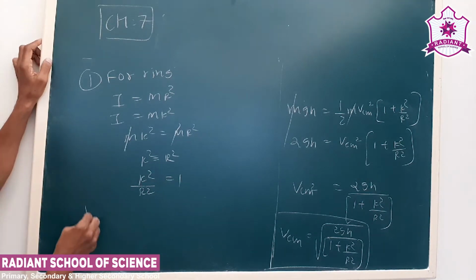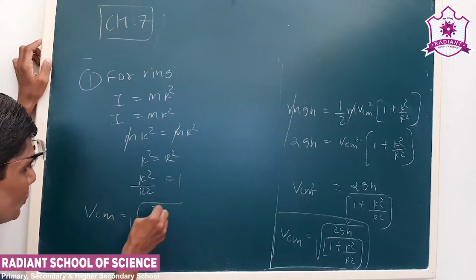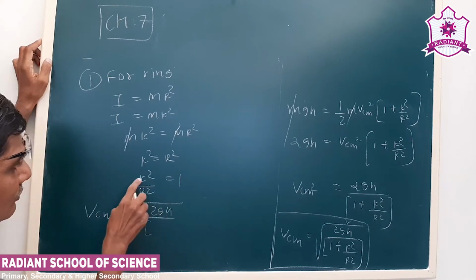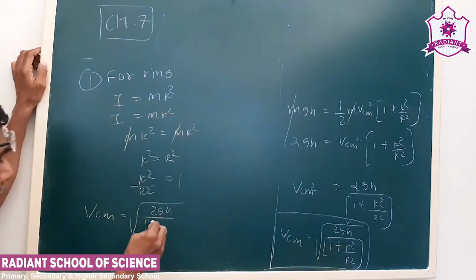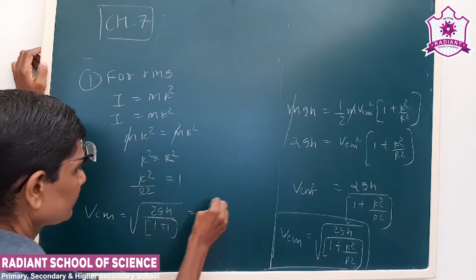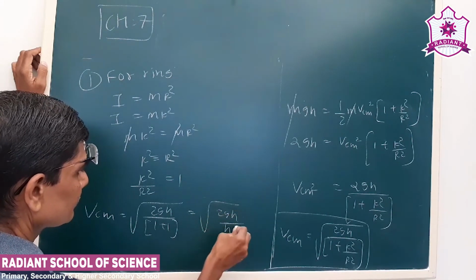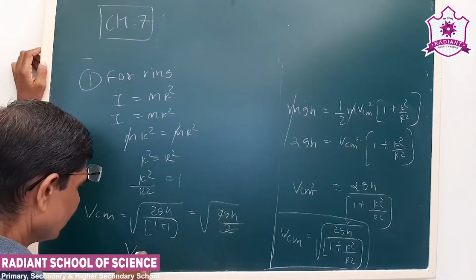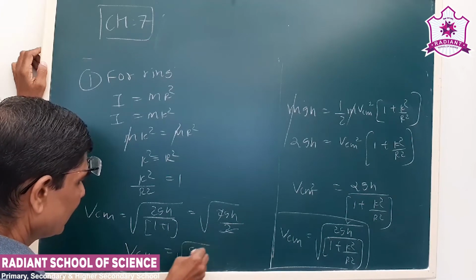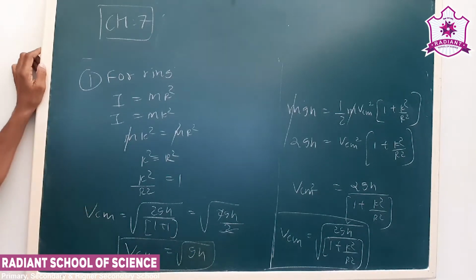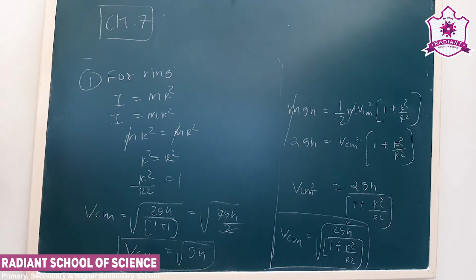If I substitute here in 2gh upon 1 plus k square by R square, we have obtained 1 plus 1. So for a ring, the velocity of the center of mass at the bottom of the slope is root gh.